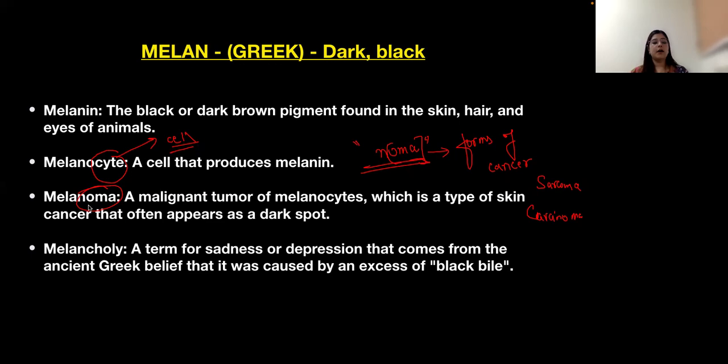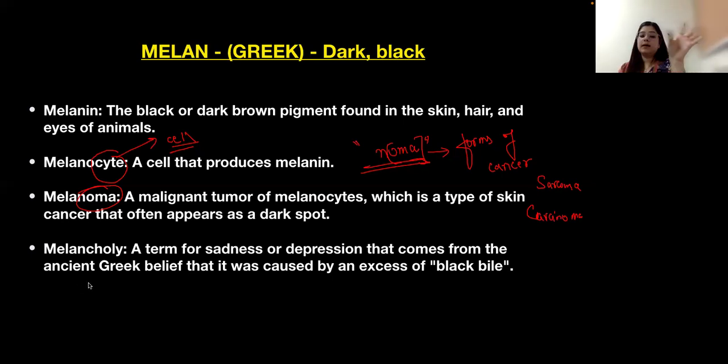So earlier there was this belief that obviously our liver produces bile, and there was this belief that किसी एक particular disease में, I'm not able to recollect the name of the disease, but किसी एक particular disease में black bile produce होता है, and उस disease के symptoms depression, one of the symptoms है कि the person would be very, very depressed, would feel very, very sad because of that production of that black bile in their body.